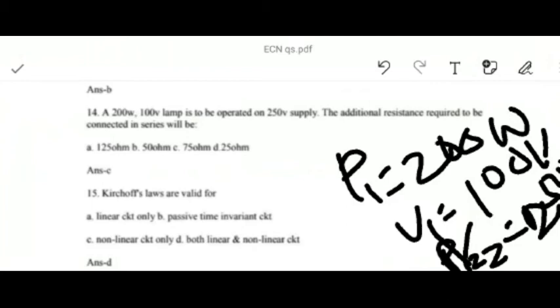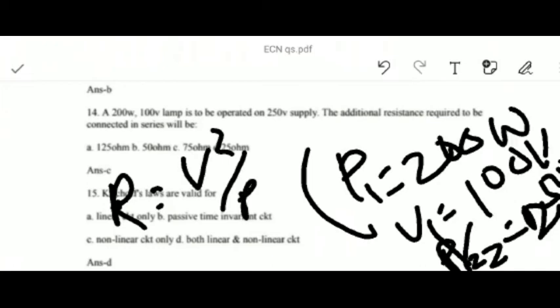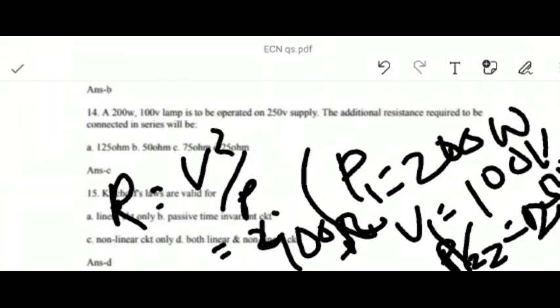In the first case, resistance will be R equals V square by P, so 200 into 200 by 100, 400 ohm.